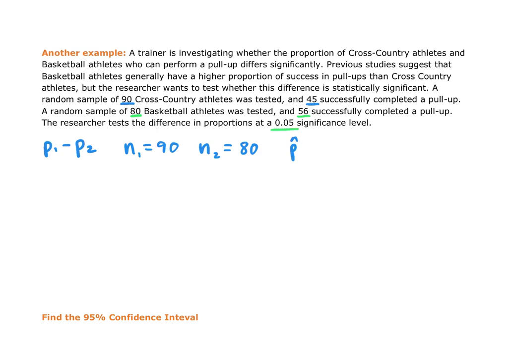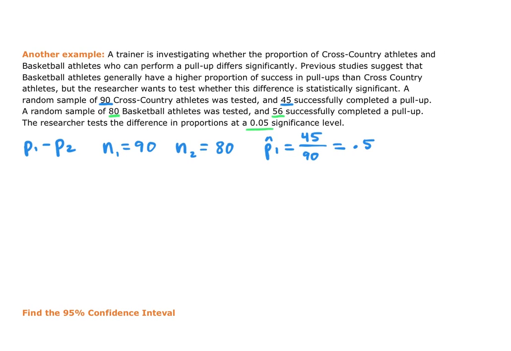The sample proportion for cross-country runners, P hat 1, is the number of successes over sample size: 45 over 90, so P hat 1 is 0.5. And the sample proportion for basketball players is 56 over 80, which is 0.7.